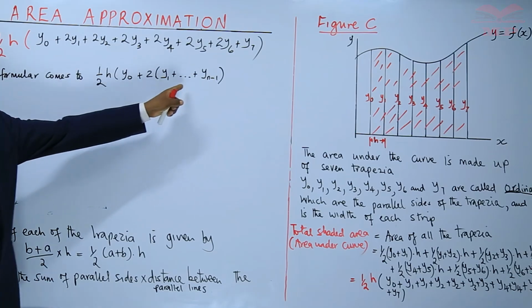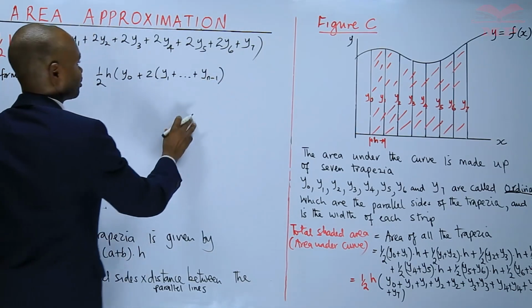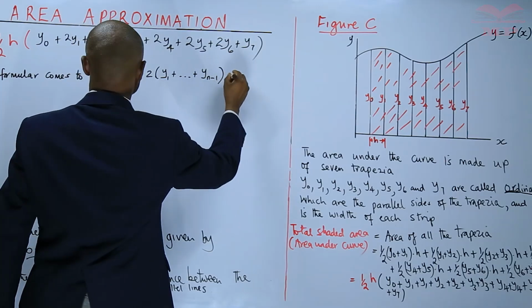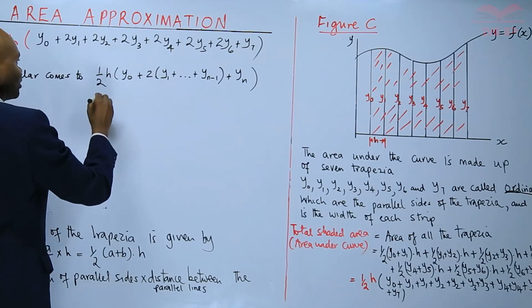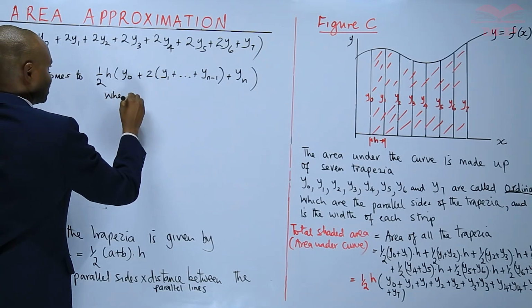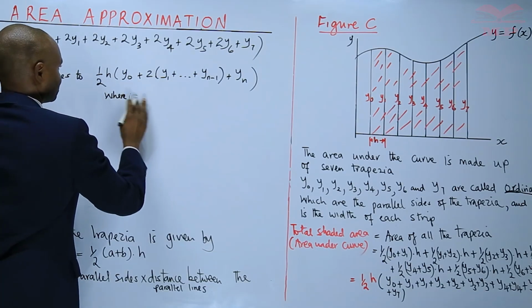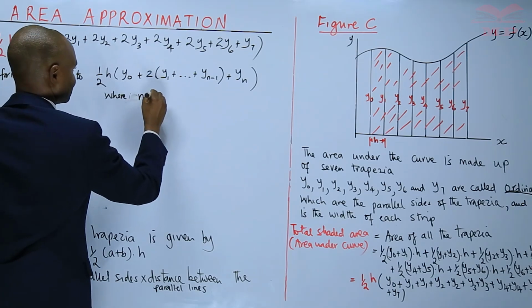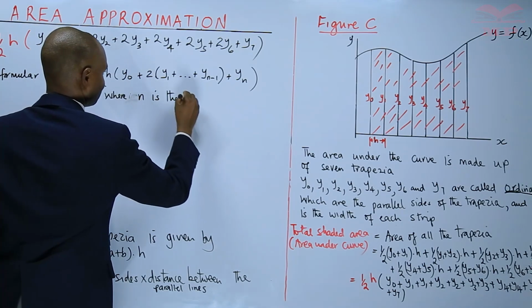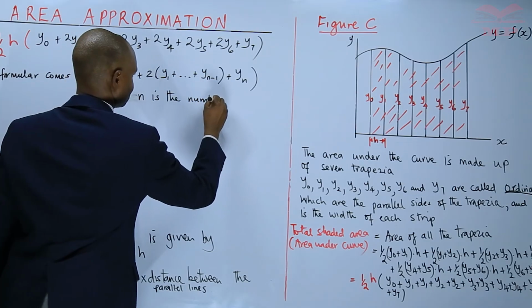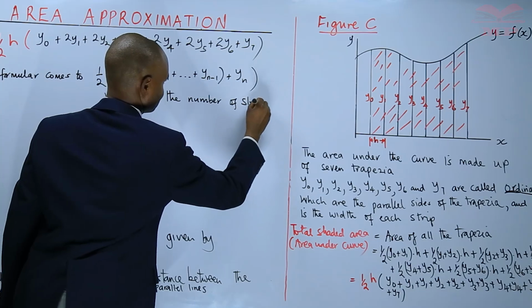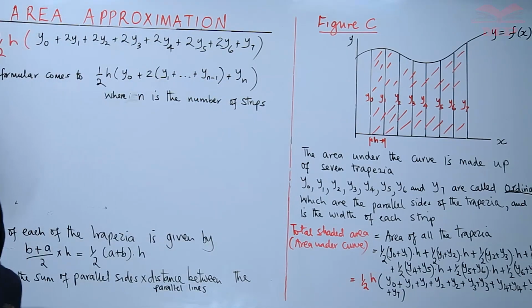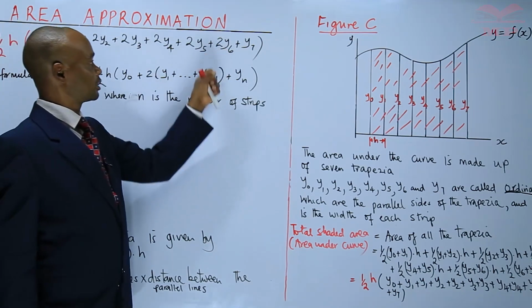Because you are adding up to 6, it will be n minus 1. So in our case n was 7, and the last one we had doubled was y6.